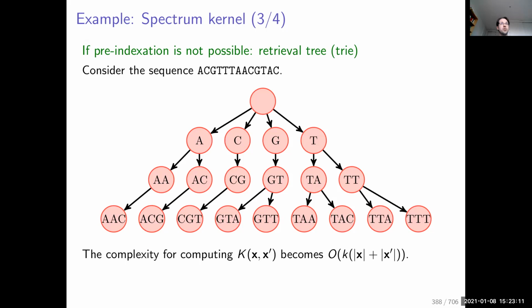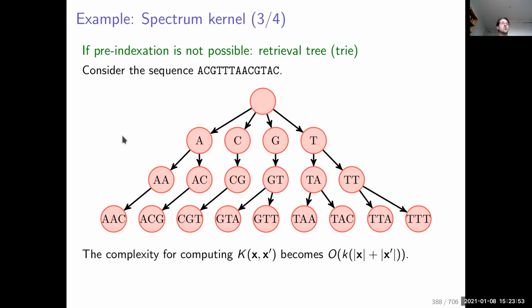Anyway, once you have coded a sequence X like this, and you have then coded a sequence X prime in a similar fashion, we have 2 different trees that have some nodes in common. And how do I compute this quantity k of X X prime? I compute it by enumerating the patterns that are common to the two sequences. We can do that by doing a joint exploration of the 2 trees, meaning we follow paths that appear in both sequences.